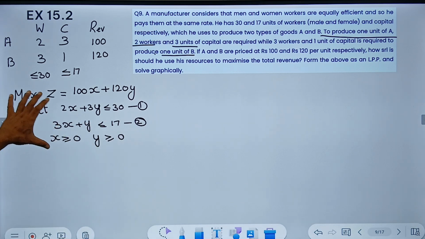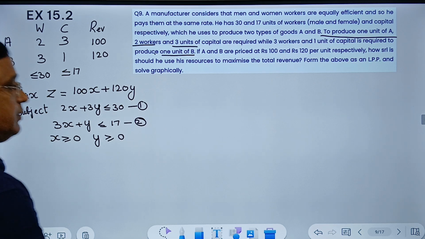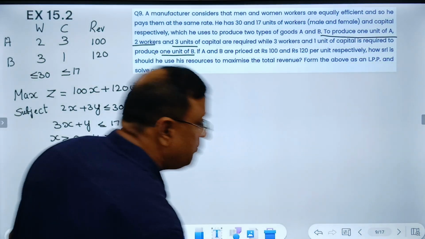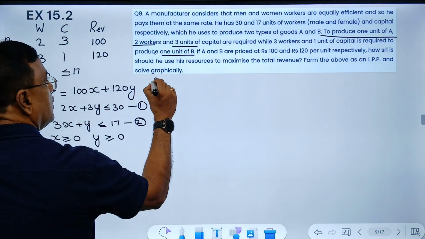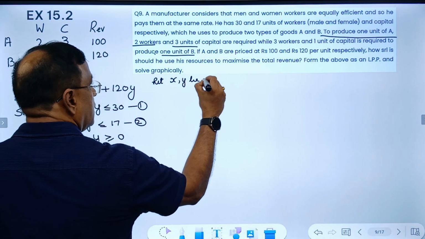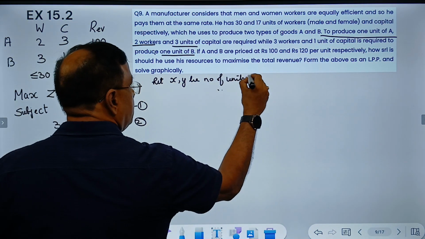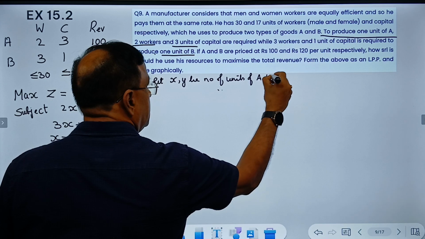So this is an LPP I have formulated from whatever is given. Of course, you can say x and y be the number of units of A and B. That you have to declare always.